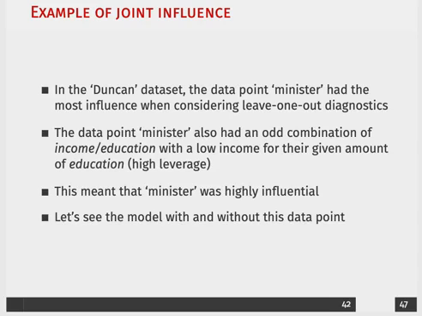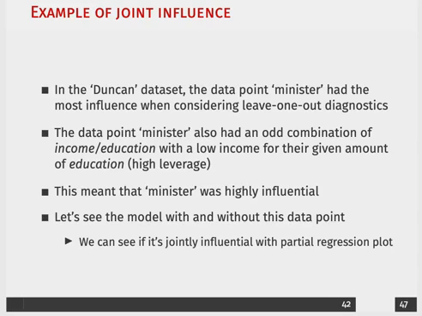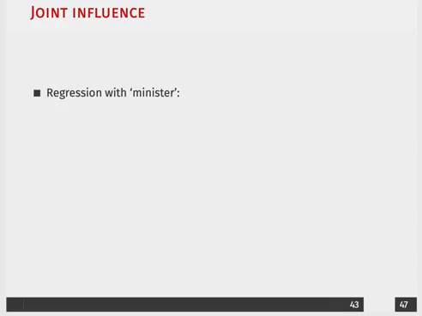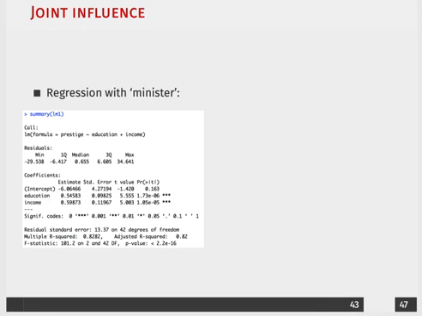So again, we had noted that minister was highly influential. Let's see whether or not that's jointly influential by estimating a model with and without this data point, and then we'll look at the partial regression plots. We'll start off by estimating our first regression normally with everything in it and our two variables of interest, education and income.